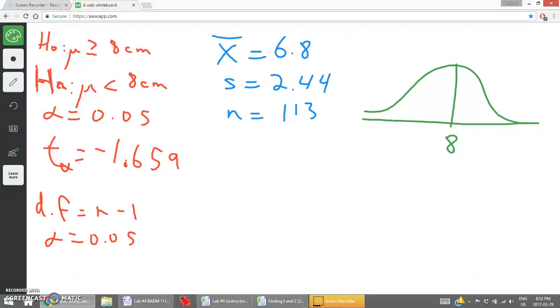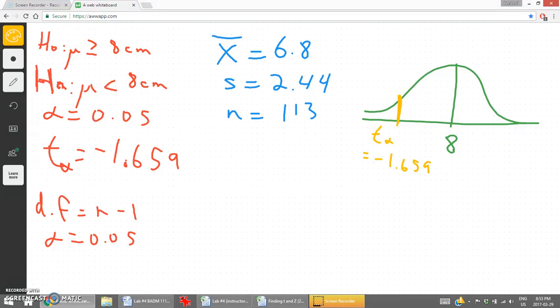If the average French fry in our sample turned out to be greater than 8, there's no issue with McDonald's claim. However, we're going to be testing that it is less than 8. So we find a critical t-value, which we're going to put right there, on the lower end of the distribution. That's why this value is negative.